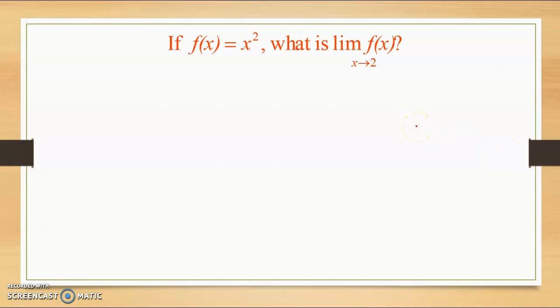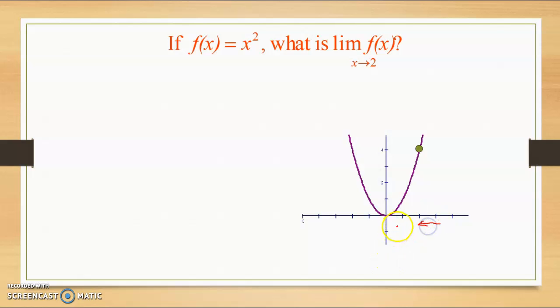Next, here are some other examples. What happens if you have the function f of x equal to x squared? What happens at 2? Now we know how to make a graph of this. You can see the graph and see what happens at x equal to 2. As you approach 2 from the right and the left, the function value approaches 4, right?